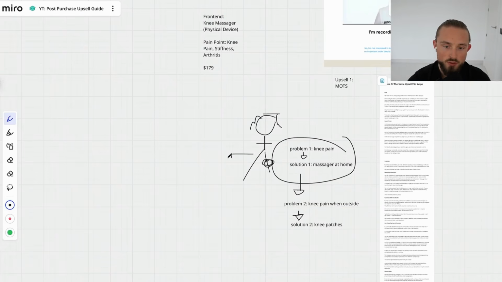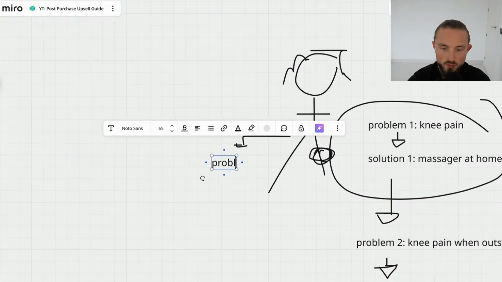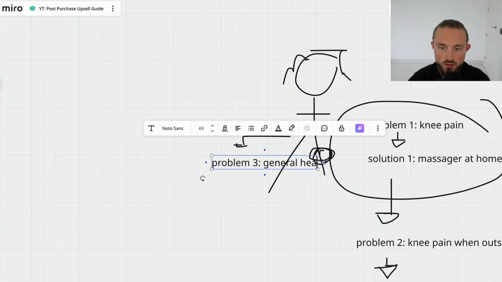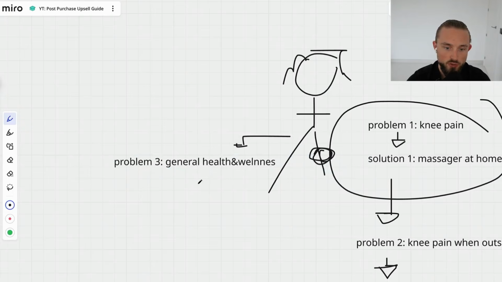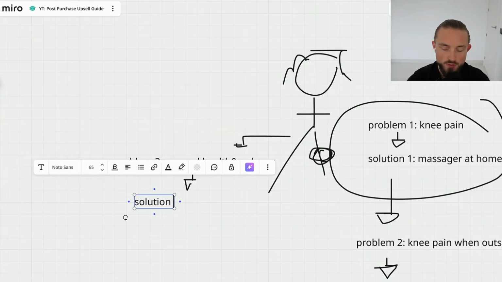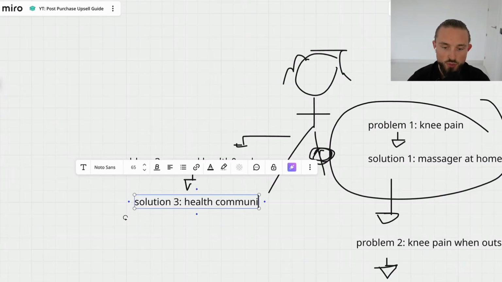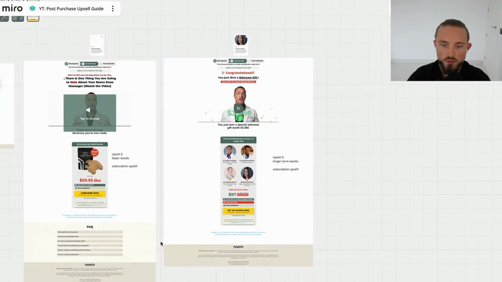What is another problem, which is a bit more all around? Problem 3, general health and wellness, right? How do you solve problem number 3? With this great community solution, health community, where we teach them around all of this other stuff.